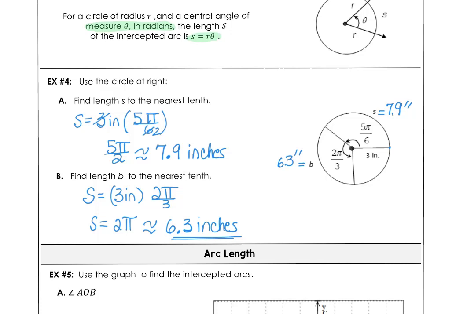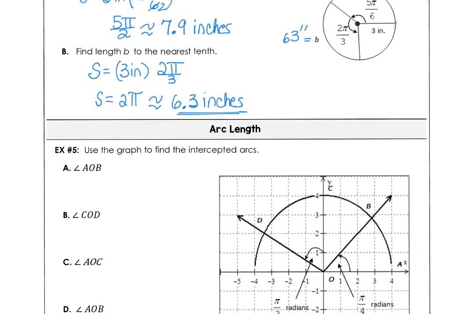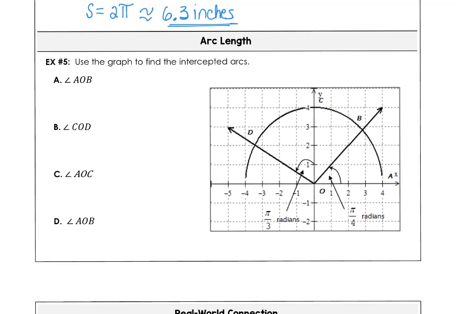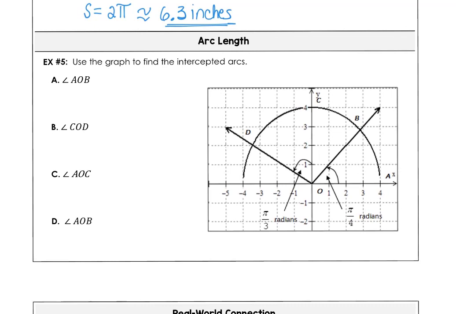And then example 5, we've got a picture. Let's go take a look at that. Use the graph to find the intercepted arcs here for angle AOB. So AOB, we want the length of this arc here for angle AOB. And it looks like the radius is 4 units and theta is pi over 4 radians.